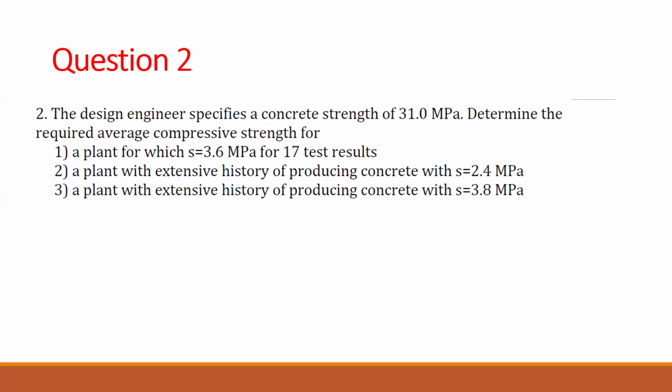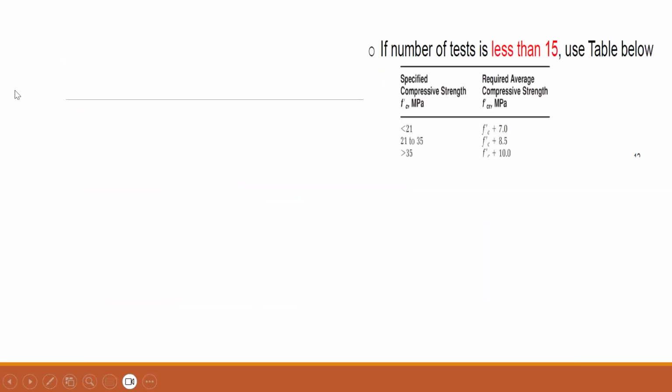Okay, so we have 3 sets of equations. The first equation set is this. If the number of tests is less than 15, we just use this table and we can find the required average strength. For example, in our question, we need 31 megapascals, isn't it?